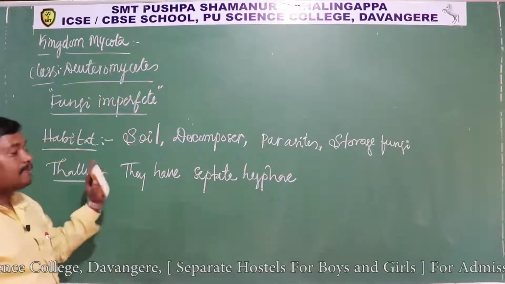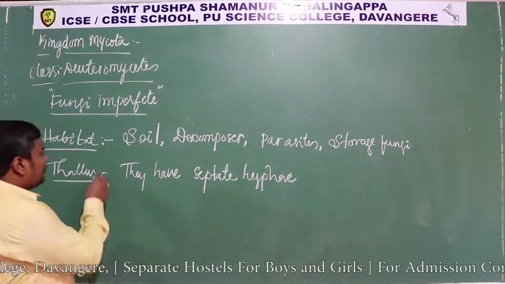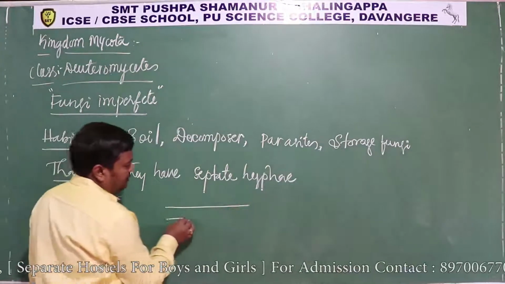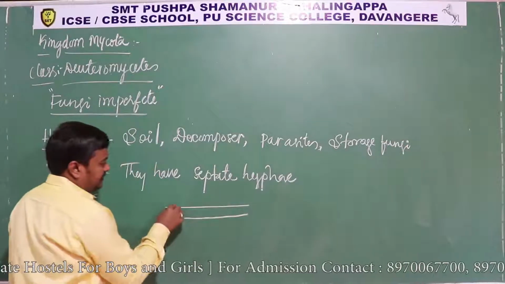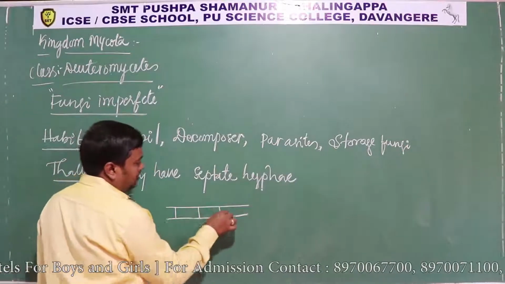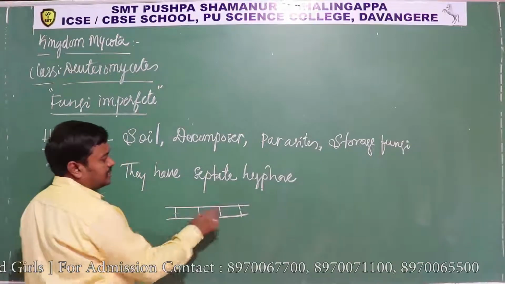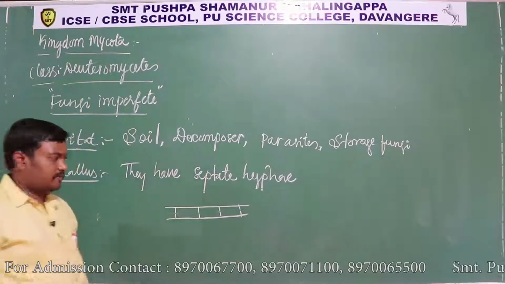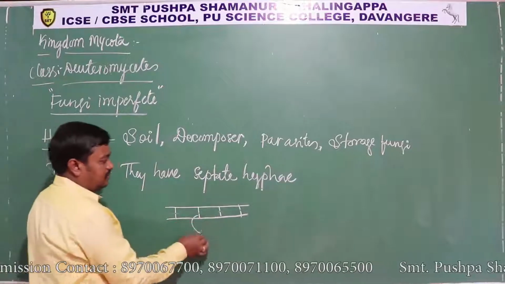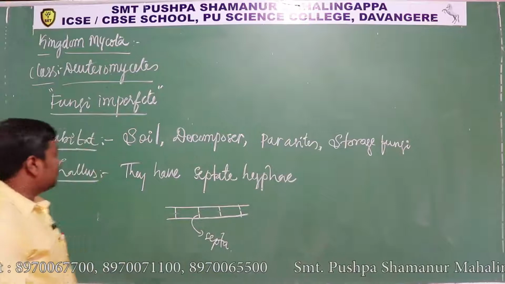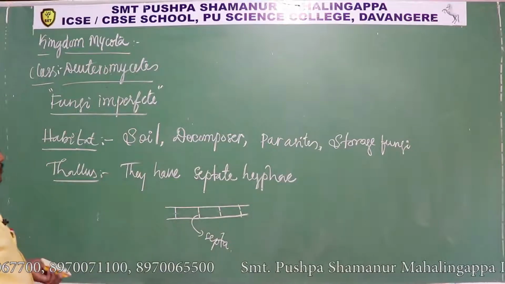Septate means the whole hypha is divided into compartments, and they are provided with small pores for cytoplasm exchange between the two compartments. So this is septa. This is about the thallus.